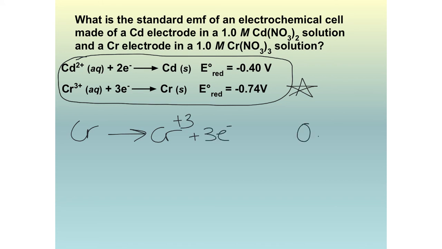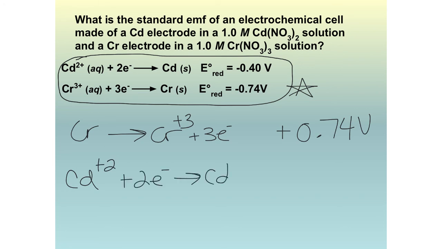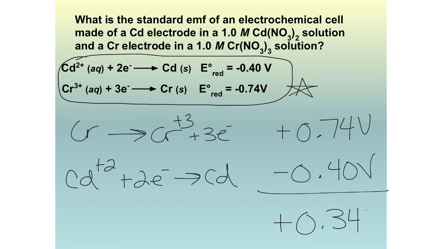And the voltage for that is going to be positive 0.74 since I flipped it. Cd is going to stay getting reduced. That's going to stay as negative 0.40. So my overall voltage would be 0.34. So it's still going to be spontaneous.